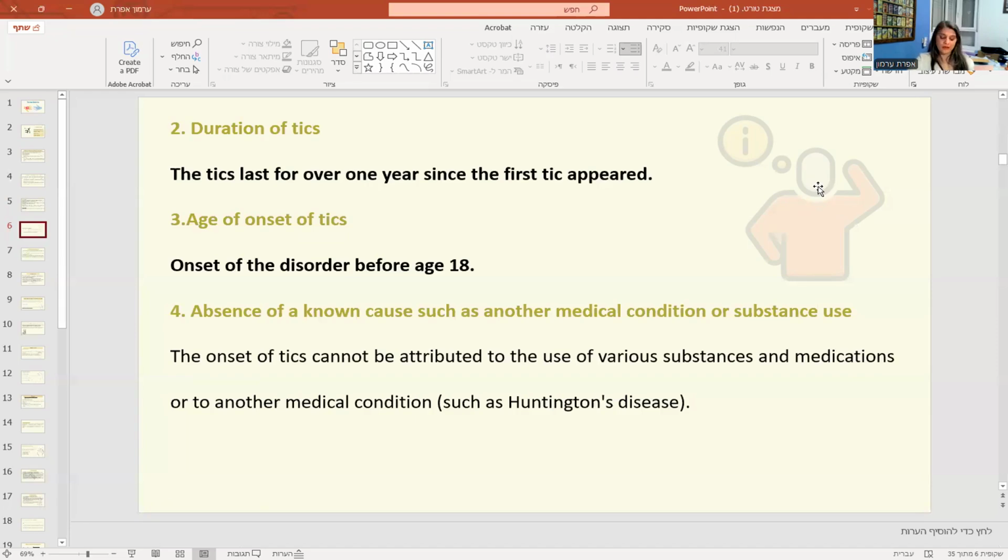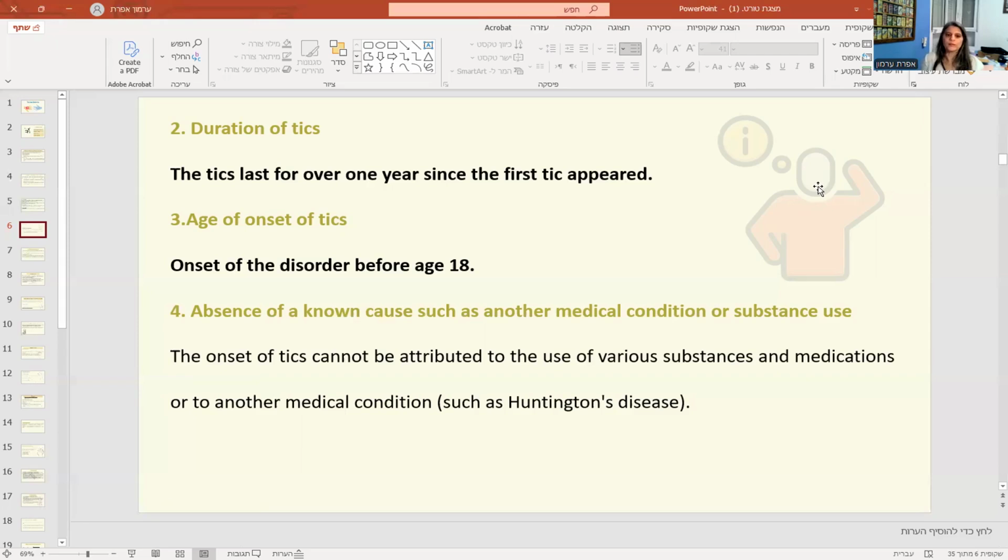We have to make sure that the tics belong to Tourette syndrome.